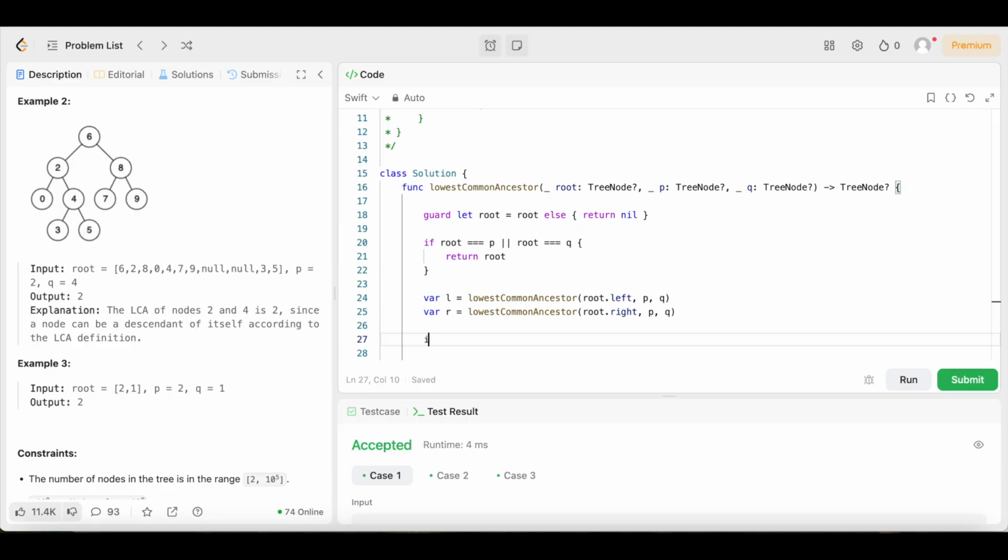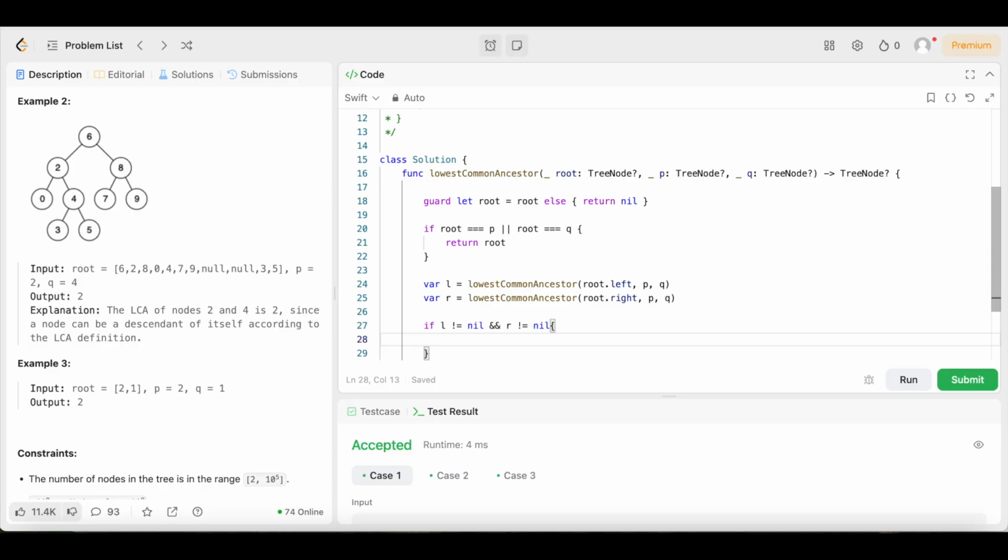We're going to say if L exclamation point equals nil and two ampersands, R exclamation point equals nil. So that means if L does not equal nil and R does not equal nil, we are just going to return the root, right?